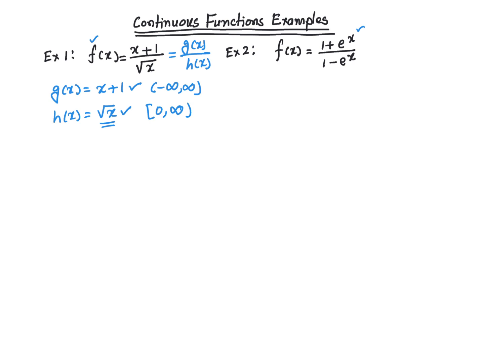Now, having said that, square root of x, if x is equal to 0, then square root of x is going to be equal to 0 too. Normally, this wouldn't be a problem if the square root of x were to appear as a numerator.